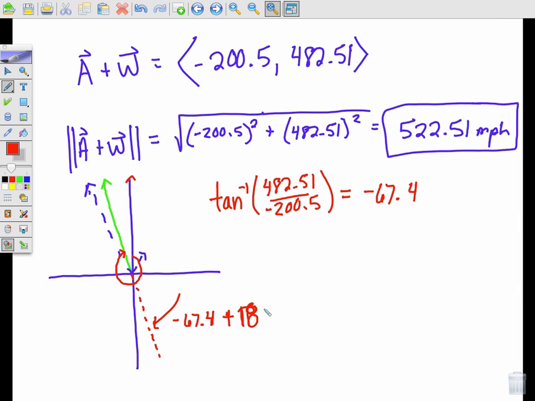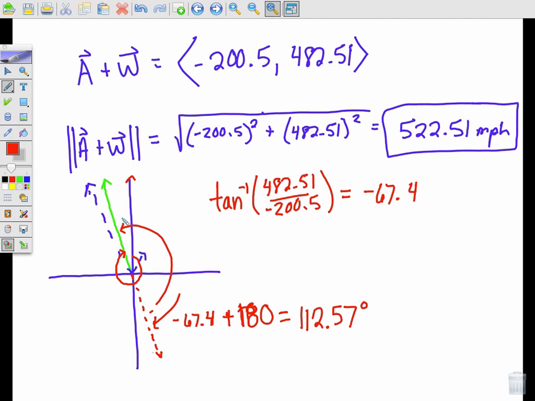Not subtract pi, we have to add 180. We're not in radians, I don't know what I was thinking. We have to add 180 degrees, and what that's going to do is bring me back to the green. Since this is a straight angle, the green here part to the top, my resultant vector, and then the angle that I actually found, if I come back and add 180 to it, I'm going to actually get the angle here at my resultant vector. And so this is 112.57 degrees.